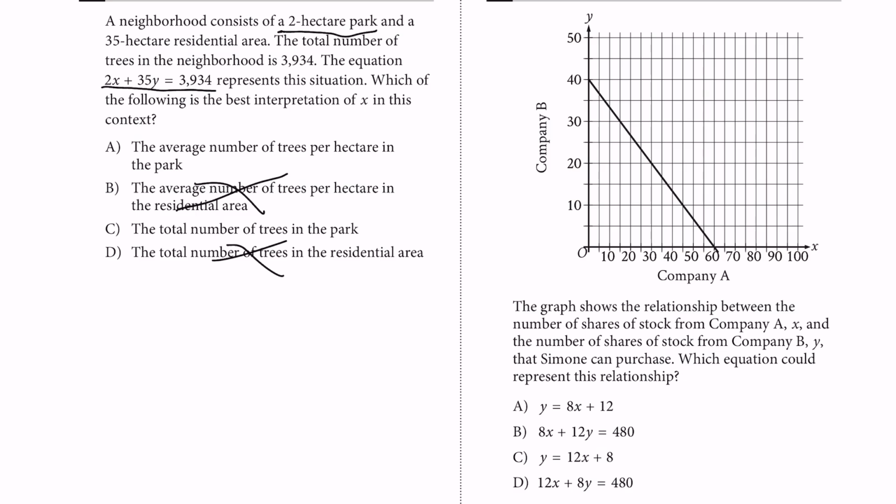If all of the trees are in the park, that means plugging in for x should give you 3,934. So if the average number of trees per hectare is x, if we know that all of the 3,934 trees are in the park, that means that there are 3,934 trees in the park, which means the average number of trees per hectare, you just divide by the amount of hectares, which will give you this.